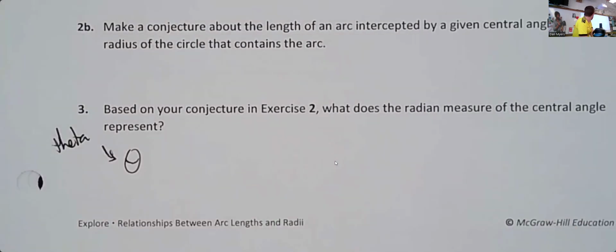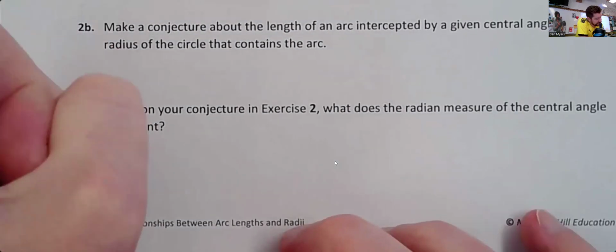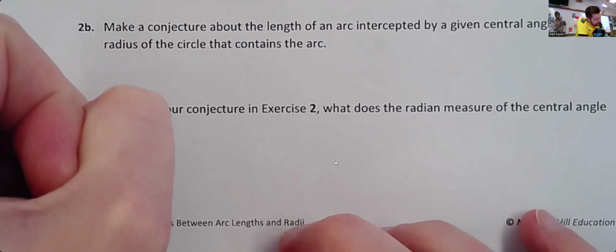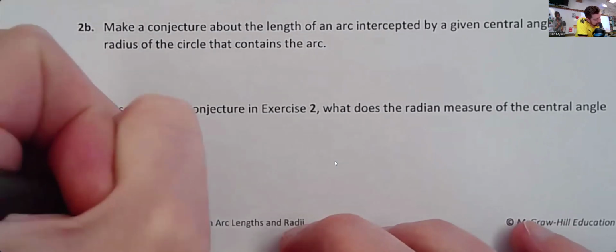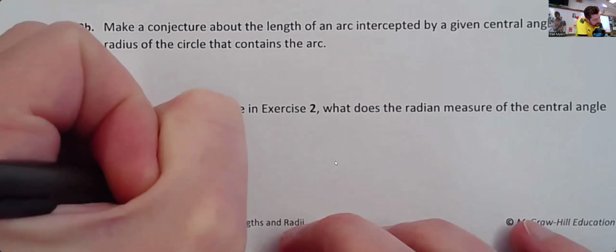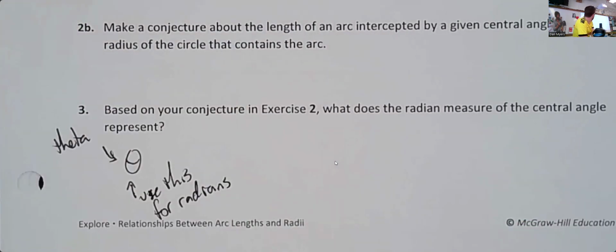It's a Greek letter, theta. And we use this for radians. So instead of using the degree symbol for measuring an angle with degrees, we use the symbol theta for measuring radians.